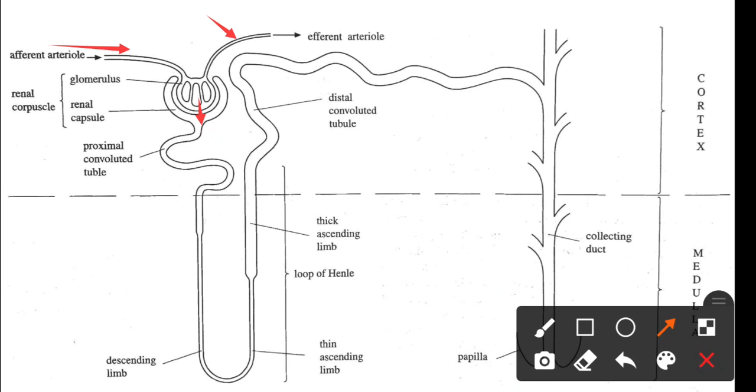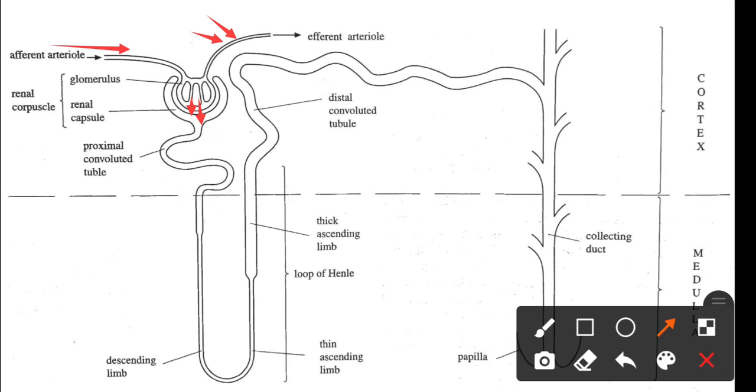That exerts a pressure in the glomerulus, and that will result in the filtration process. So if you have less diameter of this efferent arteriole, or there is some vasoconstriction over here, then you can have more filtration pressure. That can increase the GFR in this particular nephron.